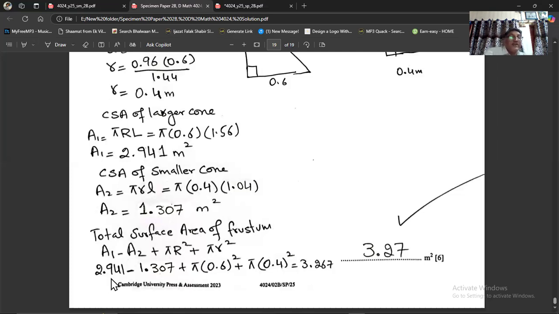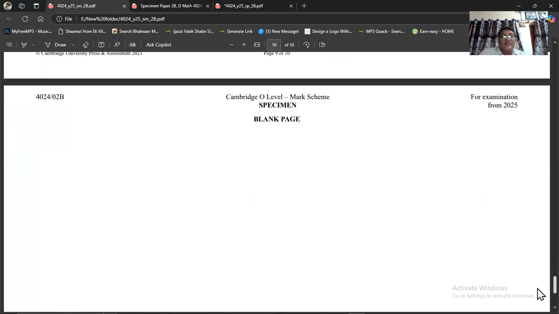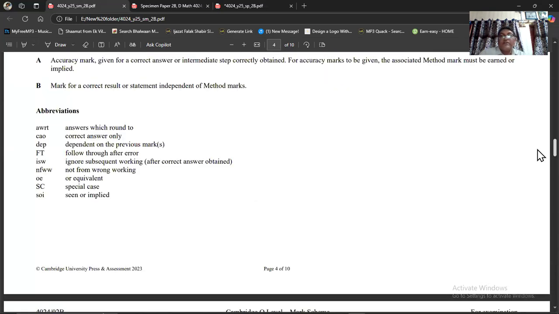So it will be 2.941 minus 1.307 plus pi into 0.6 squared plus pi into 0.4 squared, and that will be 3.267. So 3.27 is the right answer, sir. So we are done with this paper.